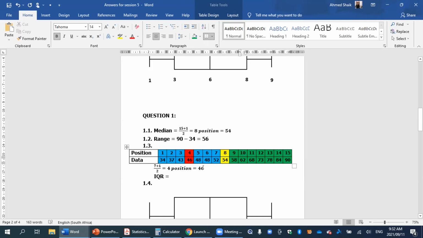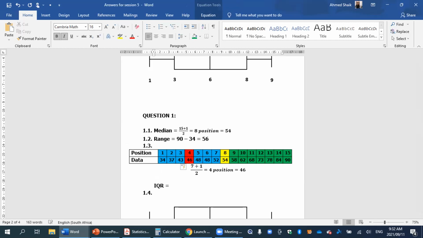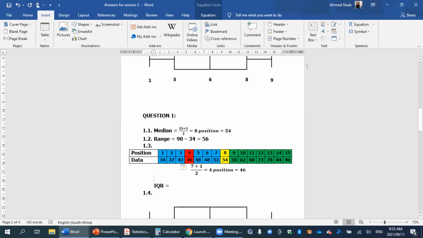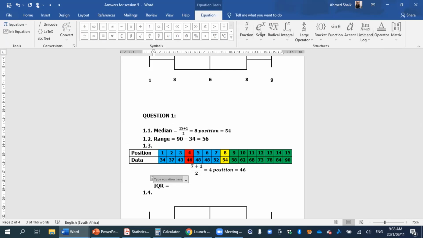So let's enter our values into our formula so that we can calculate our Q3. So remember, before we input our upper half, we need to add all the values that lie before our upper half, and we have 8 values there.